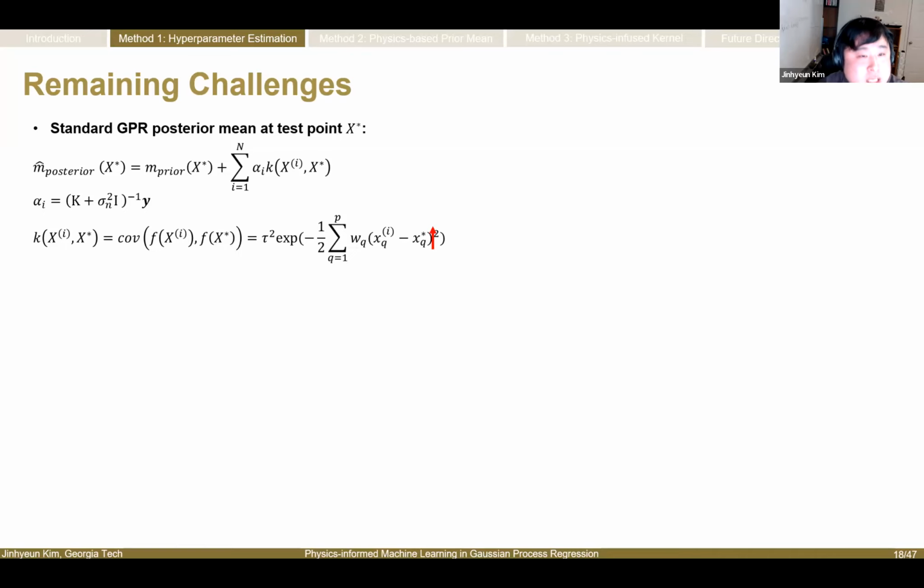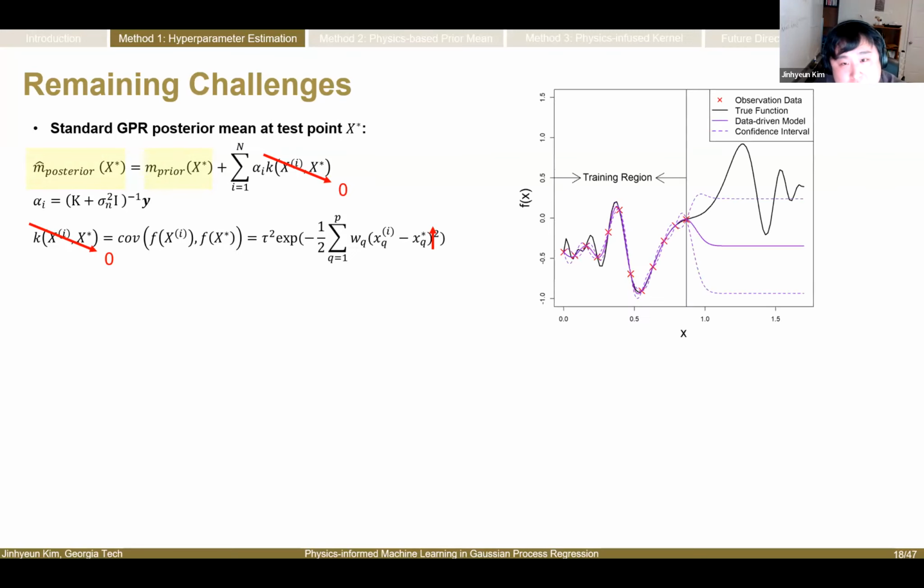And when you think of the exponential form with the negative exponent, this value converges to 0, which means that the posterior predicted mean converges to the prior mean. This is the case in this box, where in this extrapolation region, our model converges to the prior mean.